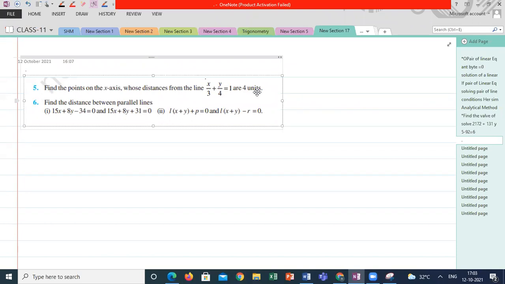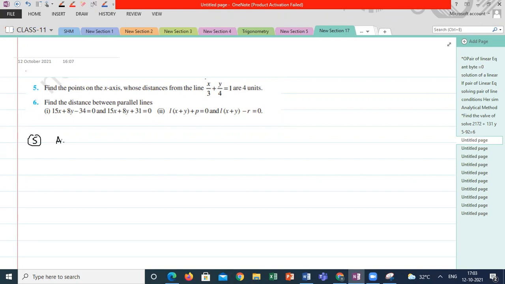The clue is, any point on the x-axis, how does it look? K comma 0. That is, the y coordinate is 0.